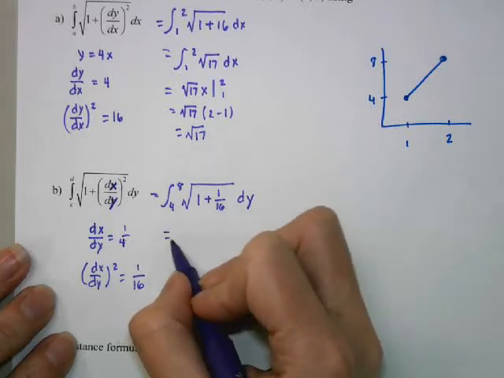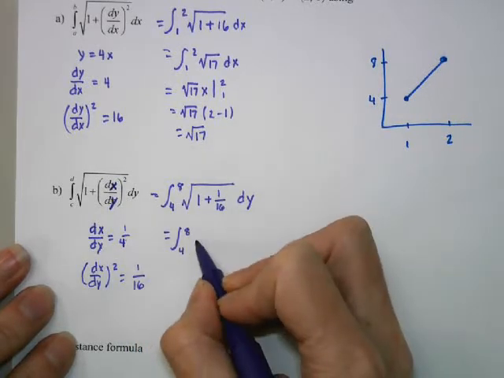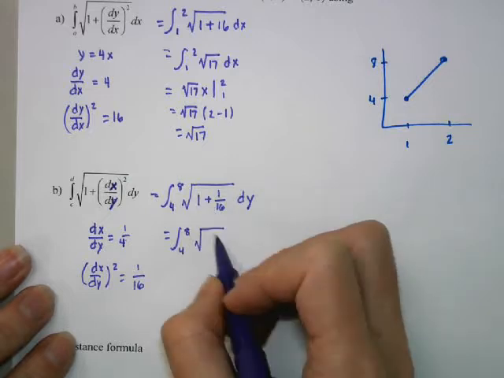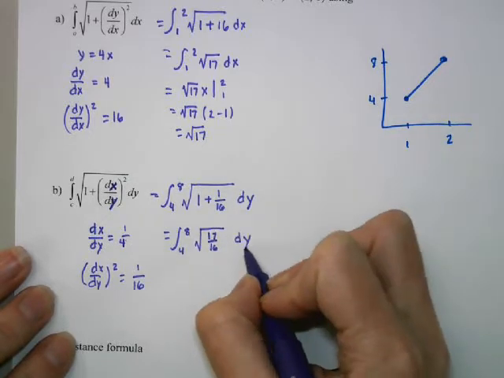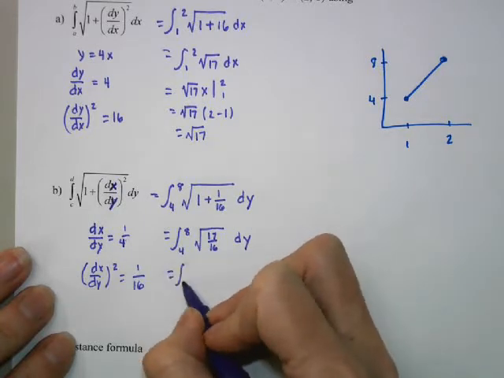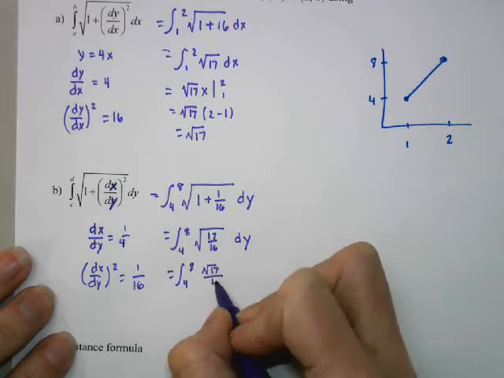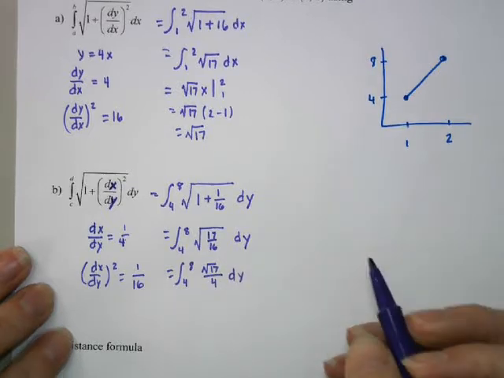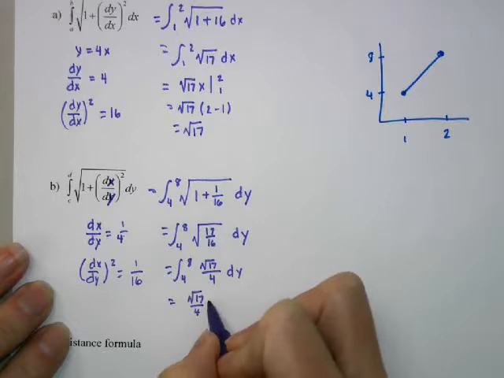So the integral from 4 to 8 of the square root of 17 over 4. Well, that's going to be square root of 17 over 4 y, evaluated from 4 to 8. So we have the square root of 17 over 4 times 8 minus 4, which is just 4. So we get root 17.